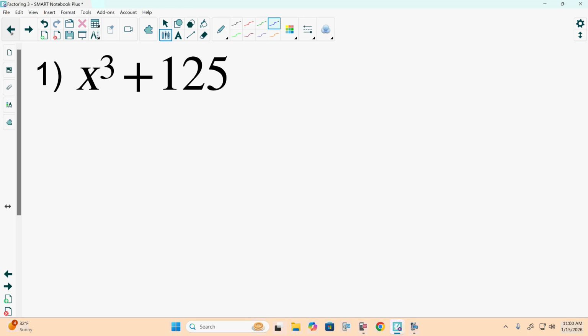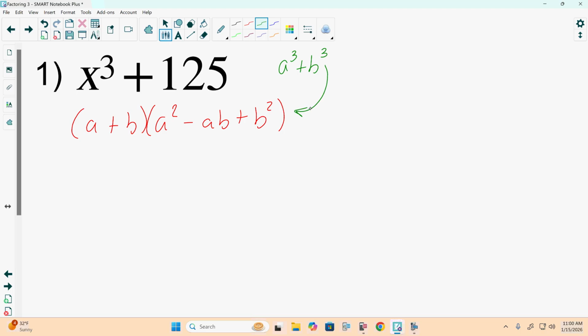So we use the plus formula for this one here, the a plus b times a squared minus ab plus b squared, because of the starting form of the plus. Because our sum of two cubes, a cubed plus b cubed, is attached to this one here.